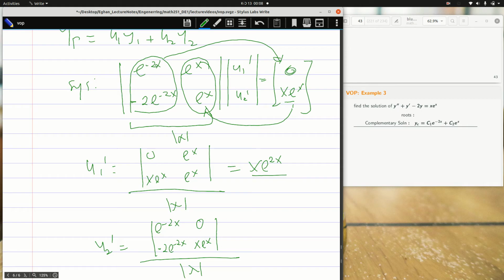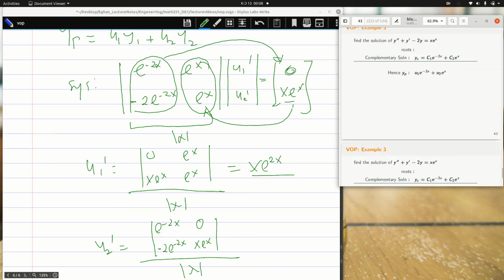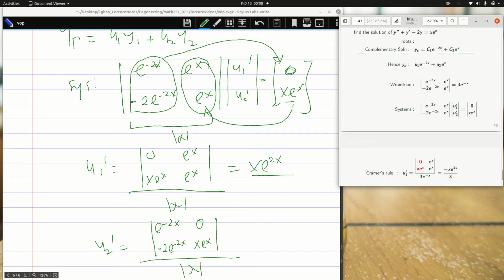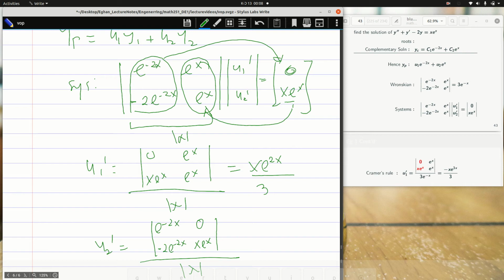I didn't solve for the Wronskian, but let me check the solution here. The Wronskian is 3 e^x. You know how to get it. This is the determinant of e^(-2x), e^x, -2e^(-2x), e^x, and then the last guy, it is ad minus bc.